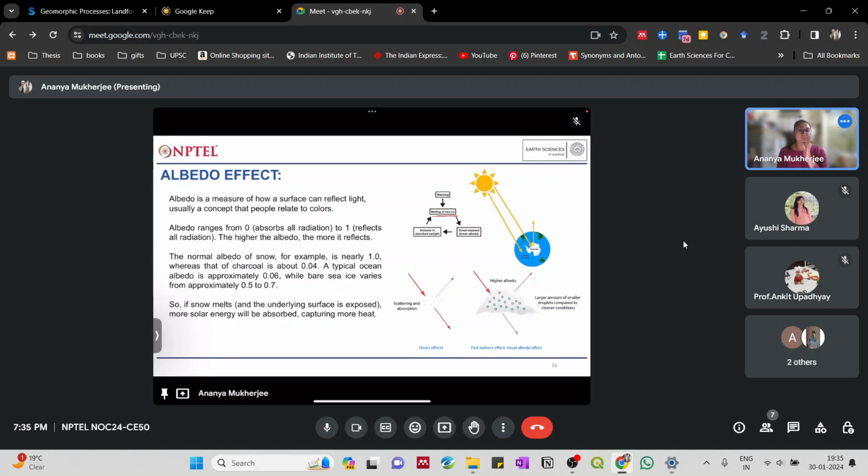People have calculated that snow or ice have a high albedo, nearly close to 1. So if the snow cover decreases, the reflected light is also going to reduce, and more radiation is going to be absorbed by the Earth.